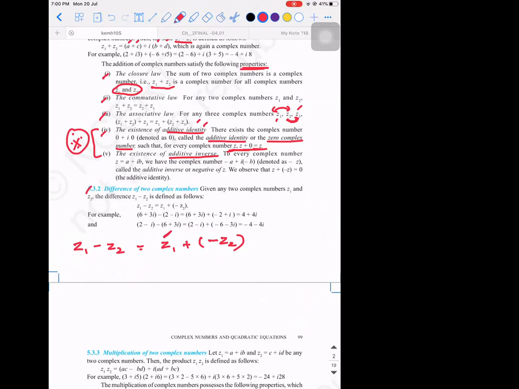I am repeating again: Z1 minus Z2 I can write as Z1 plus of minus Z2. So the difference of two complex numbers is equal to the sum of a complex number with the additive inverse of the other complex number.